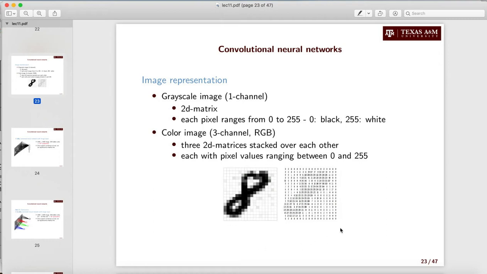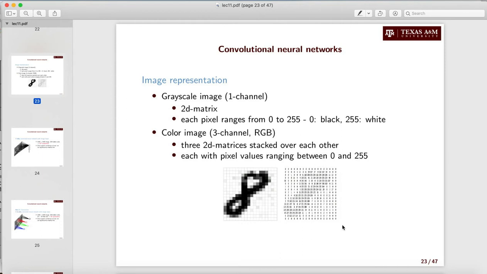So this is the case where we have a grayscale image that is represented by a 2D matrix whose dimensions are the same as the dimensions of the image and whose elements range between 0 and 255. Now, if we have a colored image, which is an RGB image, the most common representation of a color image, instead of having only one channel, we have 3 channels.